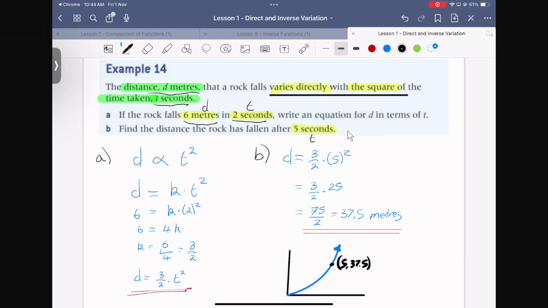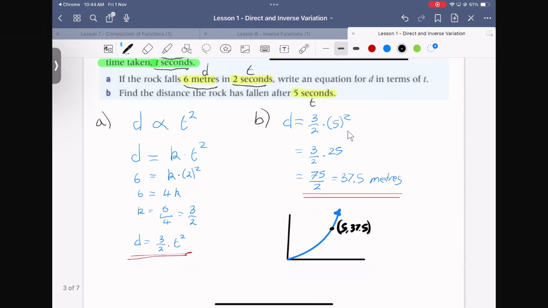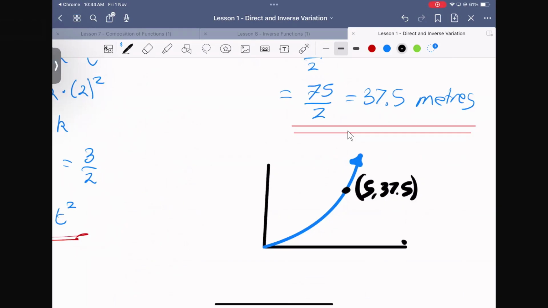Okay? So let me just finish this little diagram off here. This was time. In this case, time was x in seconds, and this one here was distance in meters.